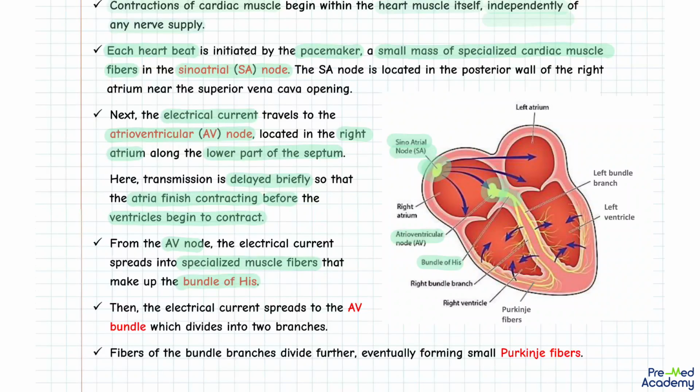The two long fibers, which you can see here, are termed the left and right bundle branch, accordingly. These bundles eventually form the small Purkinje fibers, which you can see here. In general, the direction of electrical flow through the heart is from the atriums to the ventricles. And this makes sense, since the atriums contract first, and then the ventricles.